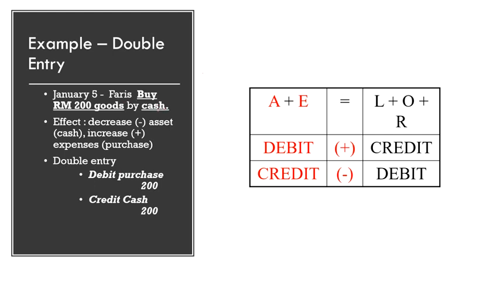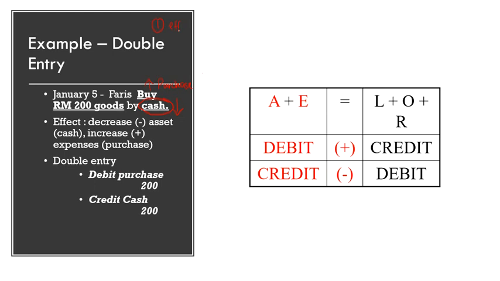Bila beli secara cash, of course cash you yang akan berkurang. So first step, this one, circle kan, cash decrease. Buy 200 goods, so buy akan increase lah. Buy ni is referring to the purchase. Tulis purchase.